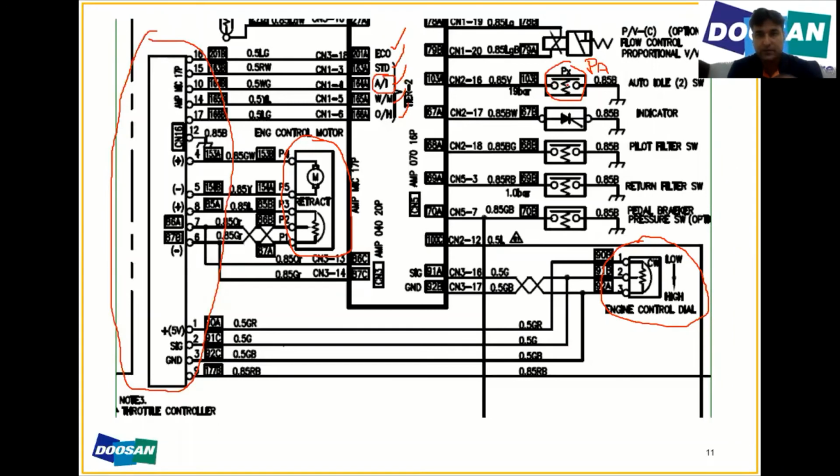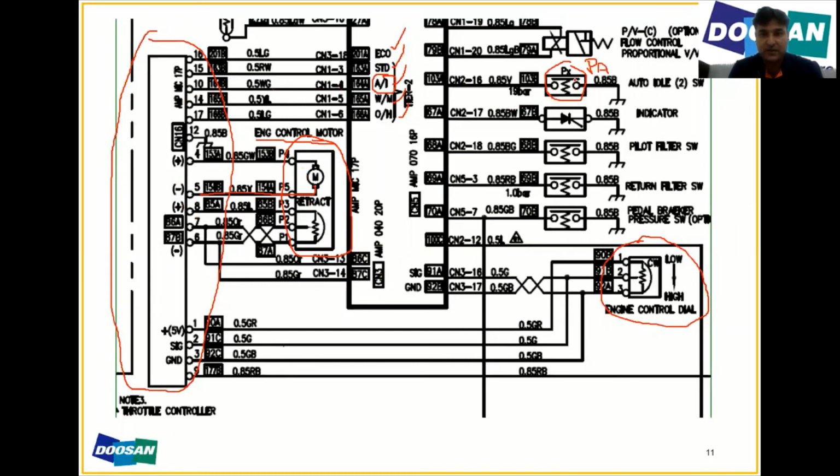When this switch is open and the EPOS doesn't get the ground signal, the EPOS will not send any voltage signal to the throttle controller. As we discussed, it's all working on logics. So when the throttle controller doesn't get any signal through this line, which is used for auto idle, it will ask the engine control motor to reduce the engine RPM to 1100.